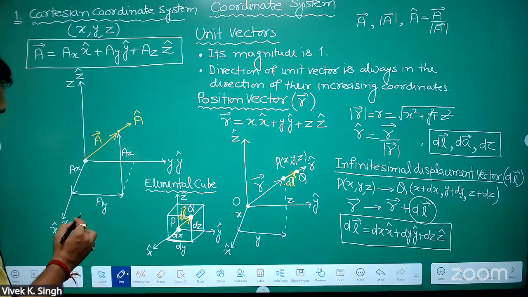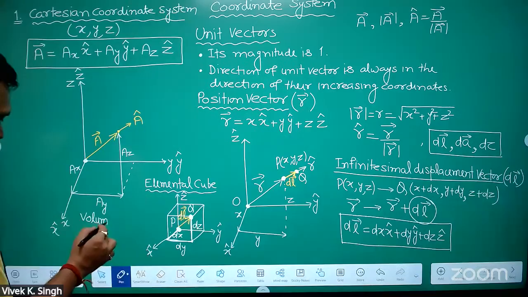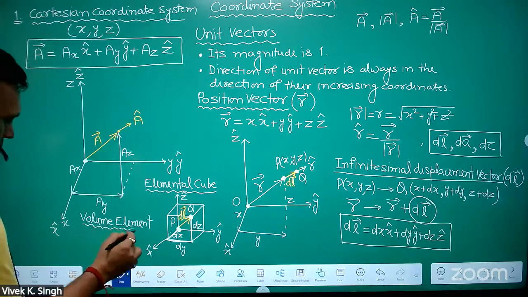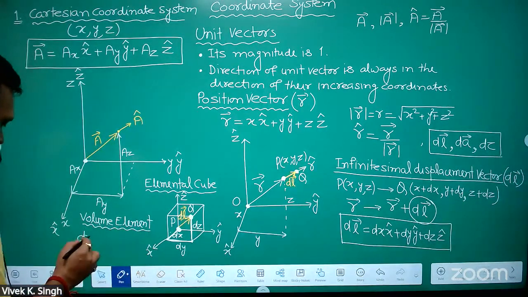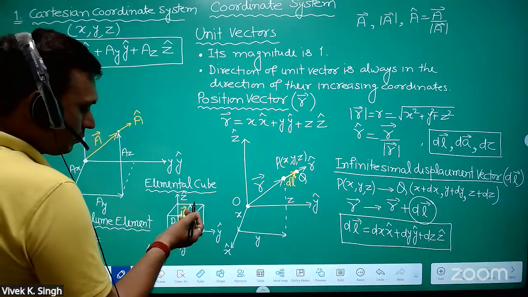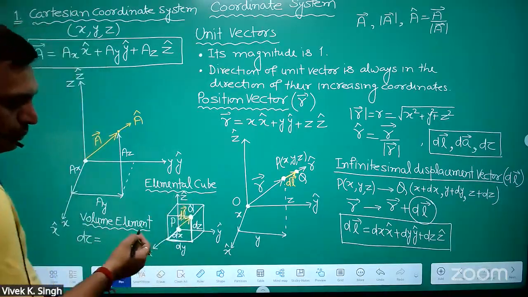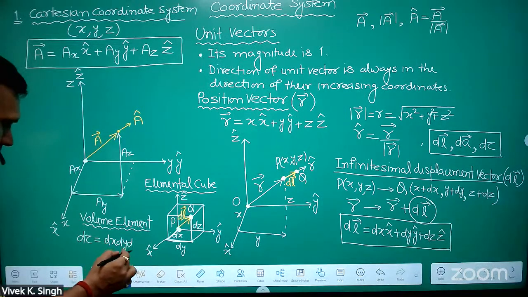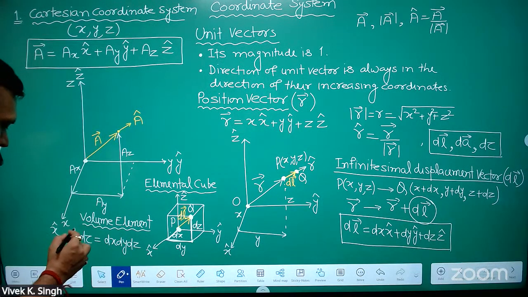Let's see what the volume element is in Cartesian coordinates. The volume element is represented by d tau, and it is the volume of this elemental cube. Because the sides are dx, dy, dz, if you multiply them, you get dx dy dz. Is it correct?